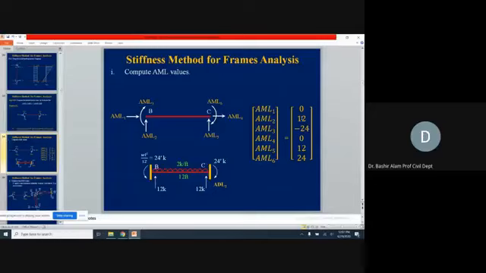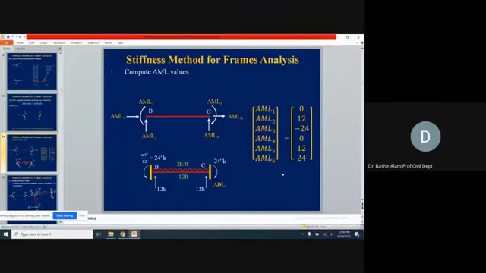Corresponding to AML3 we have the opposite, so minus 24. AML4 we don't have anything, so it is 0. AML5 we have 12, so 12 we are writing, and AML6 again clockwise 24, so we have plus 24 here. And for member BC we have completed the AML matrix.